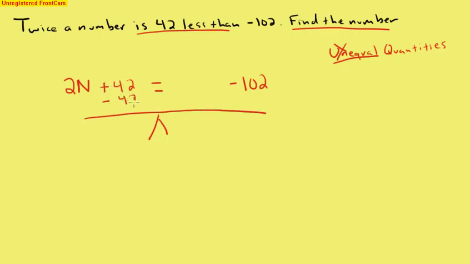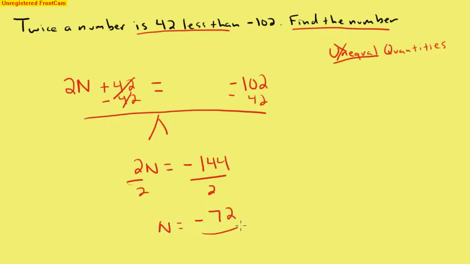We're going to end up subtracting 42: 2n equals negative 144, divide by 2, and n equals negative 72.